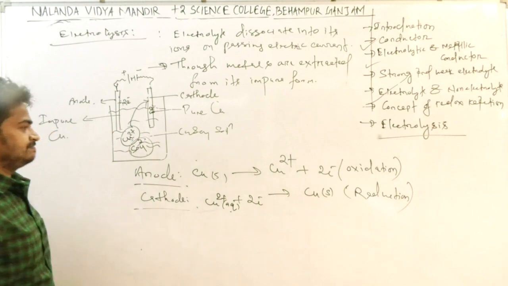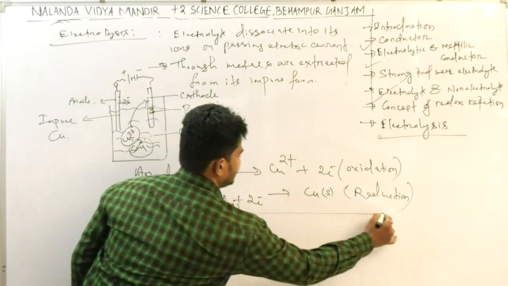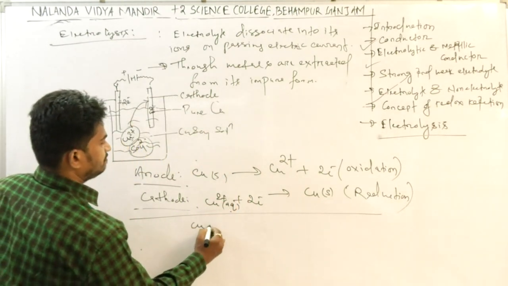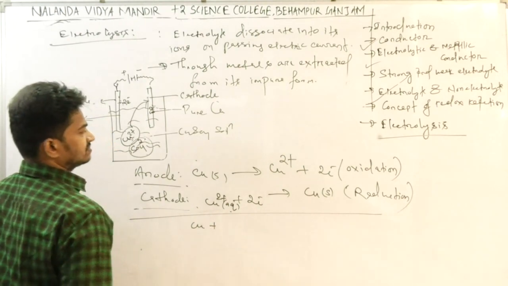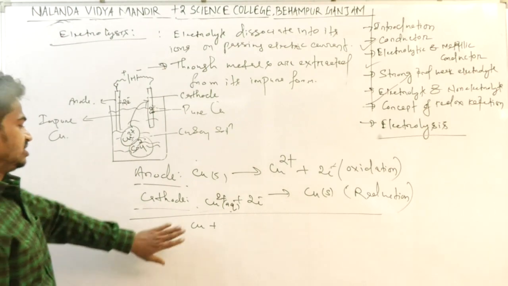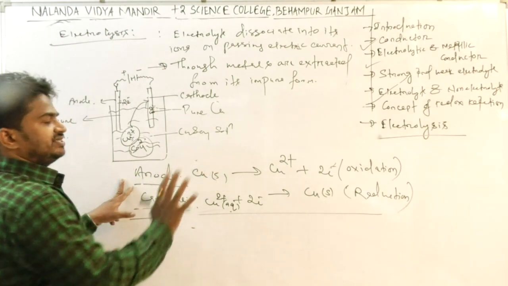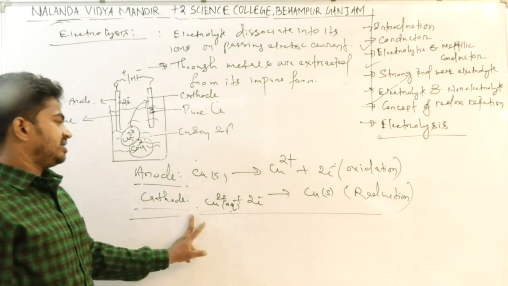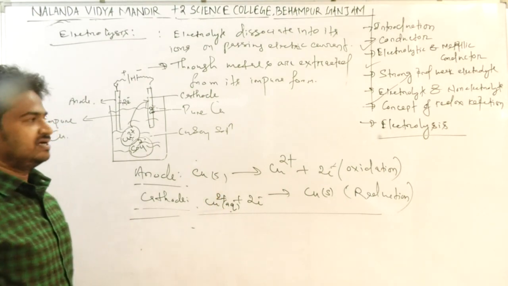Okay. By combining these two, the net reaction will be copper. Here the 2 electrons will cancel each other out. So at the anode oxidation always occurs, and at the cathode reduction always occurs.